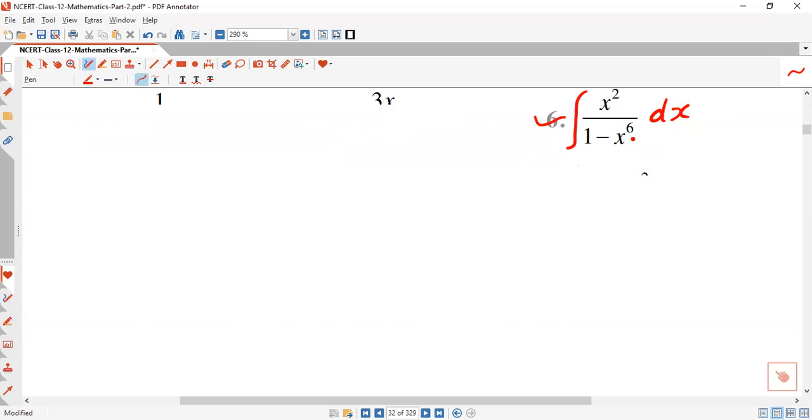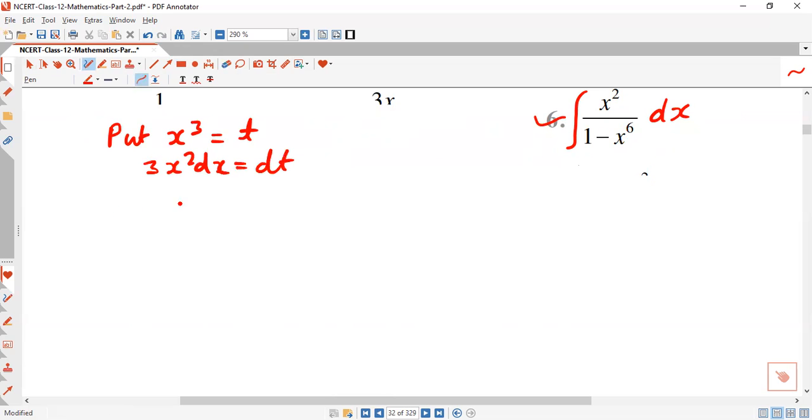So we need x cube equal to t so that these terms can be cancelled out. Put x cube equal to t. You get 3x square dx equal to dt.